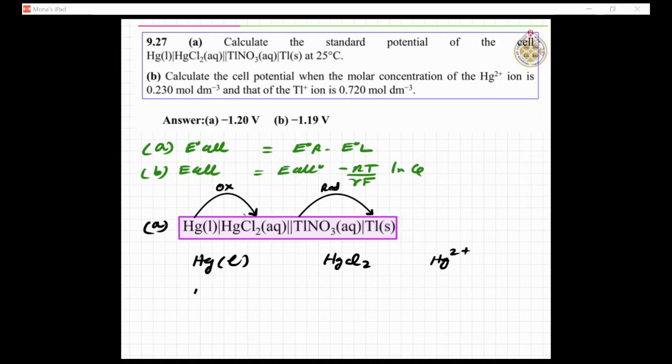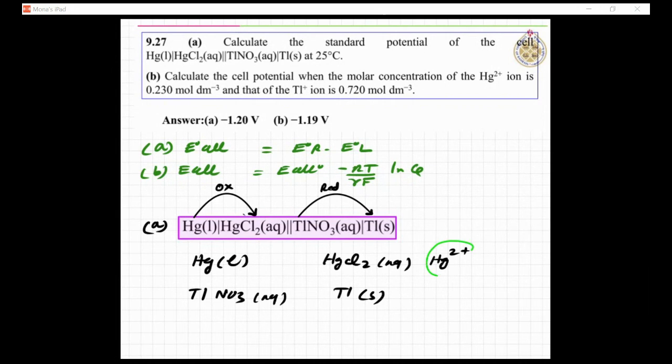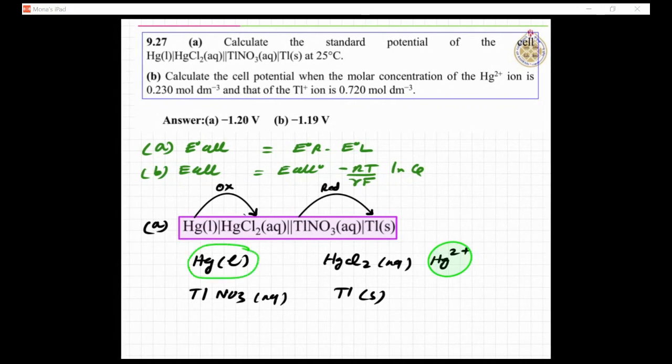The second one is Tl, TlNO3. The Tl is solid and this is aqueous, and this one is aqueous. What we need is the couple between these.